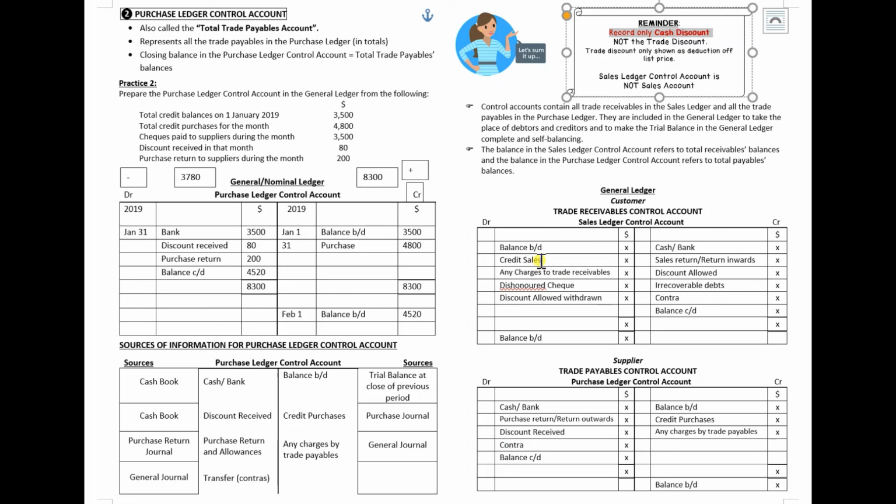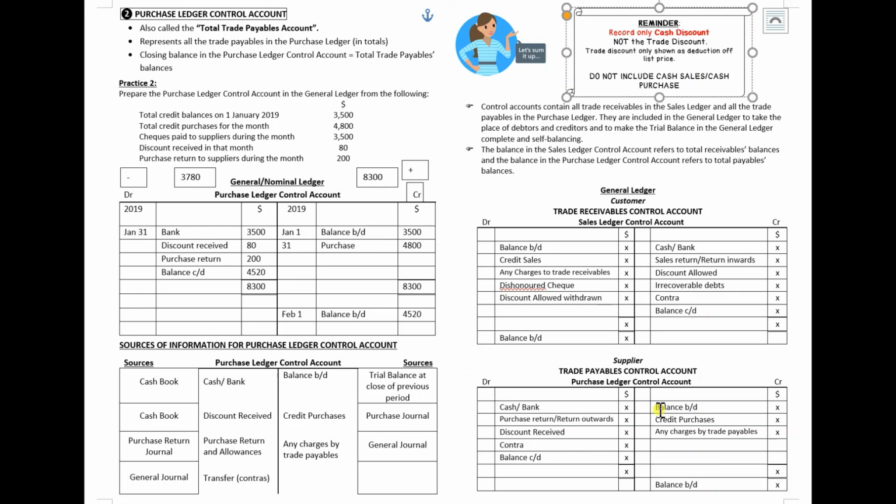Cash sales to a customer will already be in the cash book, but this one is called the debtor because you sell to him on credit. That's why it's credit sales. Do not include cash sales or cash purchases, okay, because this is about the credit sales and the credit purchases.